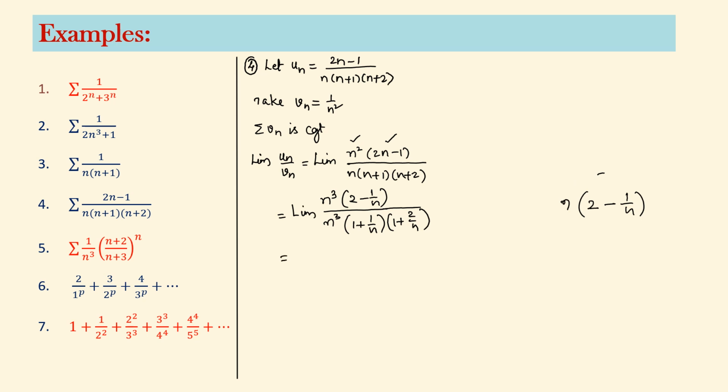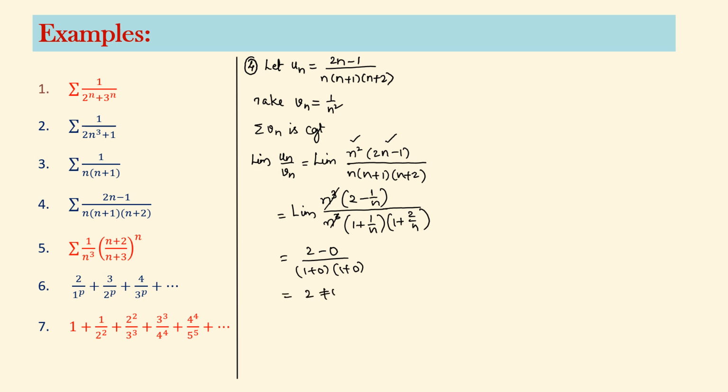So n cube gets cancelled, and taking 1 by n as 0, this will become 2 minus 0 by (1 plus 0) into (1 plus 0), so overall this is 2.